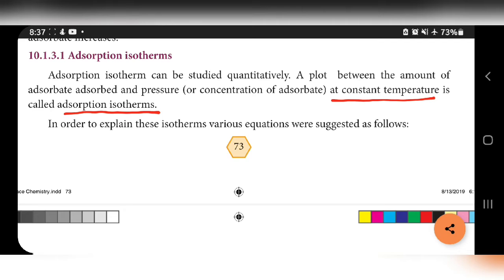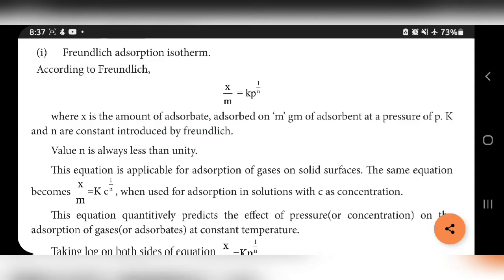In order to explain these isotherms, various equations were suggested. Mainly we are going to study the Freundlich adsorption isotherm. Very important question. According to Freundlich, x by m is equal to k into p power 1 by n. If asked to mention the Freundlich adsorption isotherm equation, you have to write this equation with this explanation.